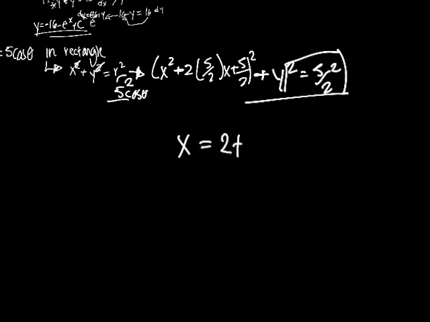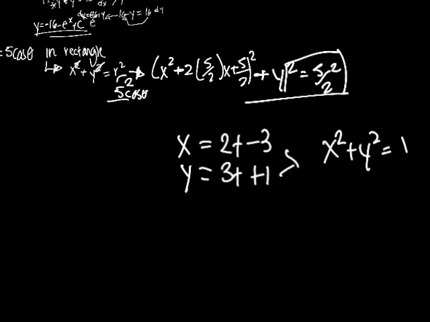x equals 2t minus 3, y equals 3t plus 1. We can rewrite this equation as we already know that when x squared plus y squared equals 1, we have our x value here and we have our y value here. But it's not perfect yet because we have to separate the t values. So what do we do instead?